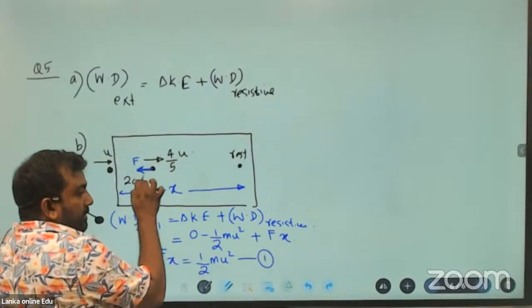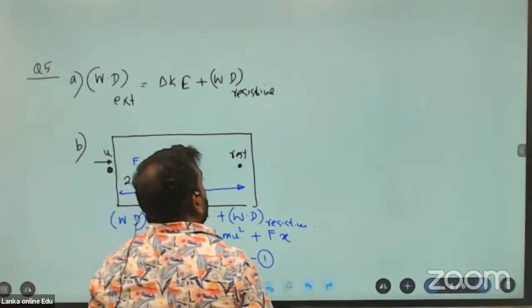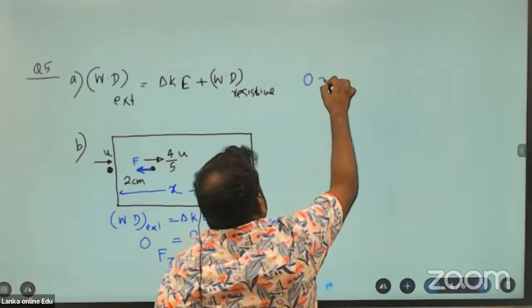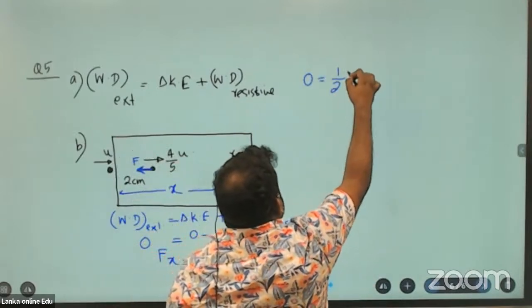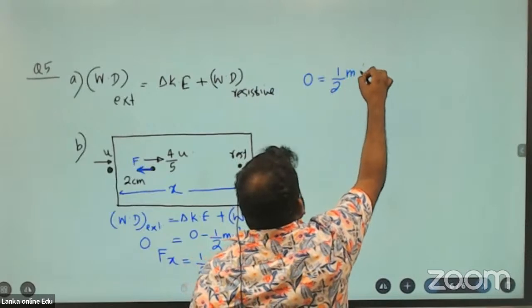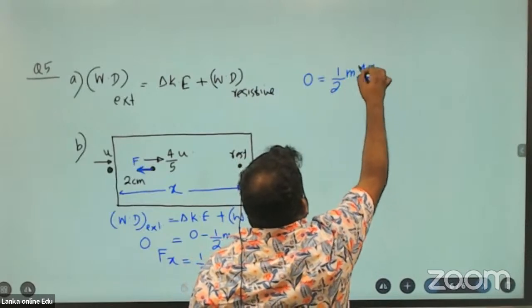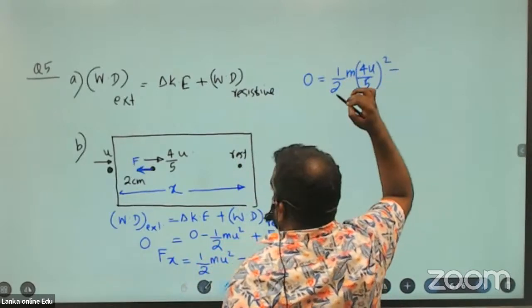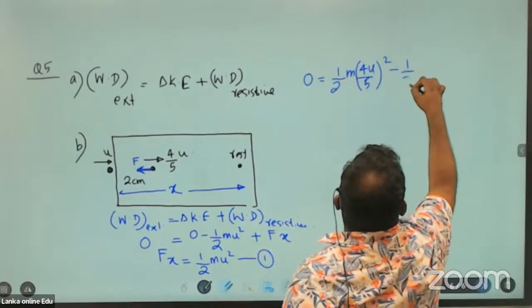For this bit also you will write: work done by external force equals increase in kinetic energy. Half m into 4u squared over 5 minus initial half m u squared.